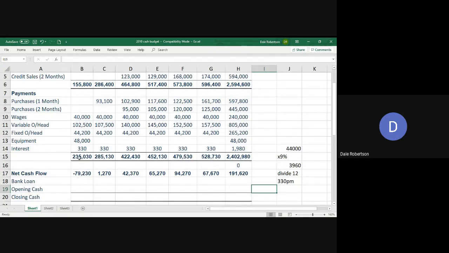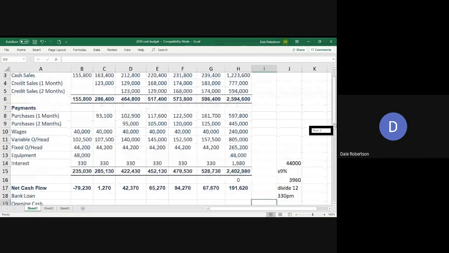You take your payments, this 235, away from the 155 above to get quite a significant net cash outflow, or a deficit of cash of minus 79,230 in the first month of July. That would be normal enough for a company who is setting up, because they have setup costs at the beginning. And as we have seen, they're not collecting all of their money from their sales until 2 or 3 months in. So that's understandable.